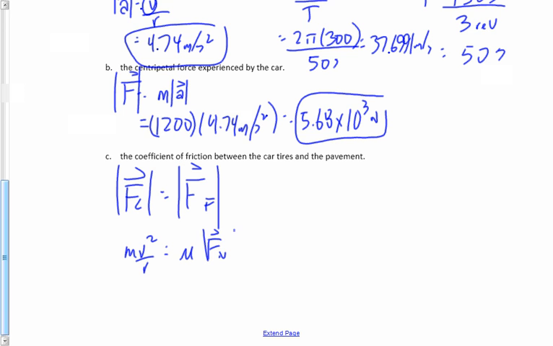And of course, the normal force usually is equal to m times g on a flat horizontal surface. Masses cancel because they appear on both sides. Solving for the coefficient, we know the speed, 37 point, you can rearrange this. We're going to say mu is equal to v squared over g times r.